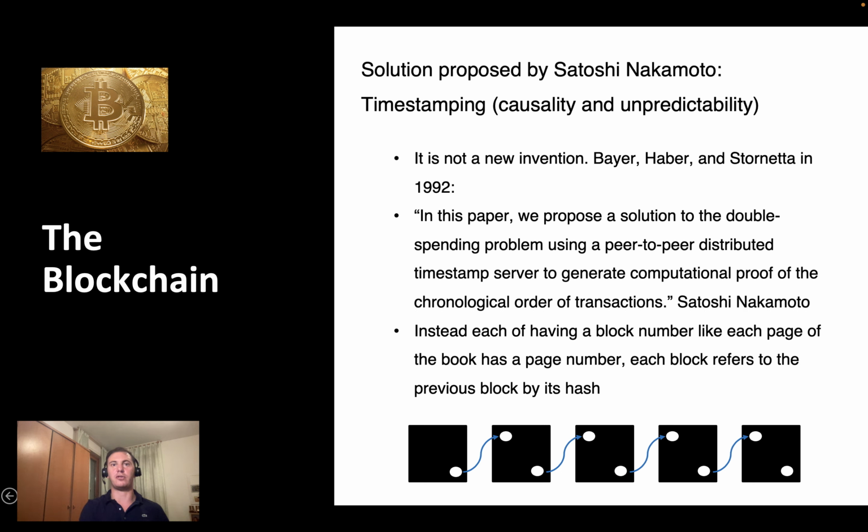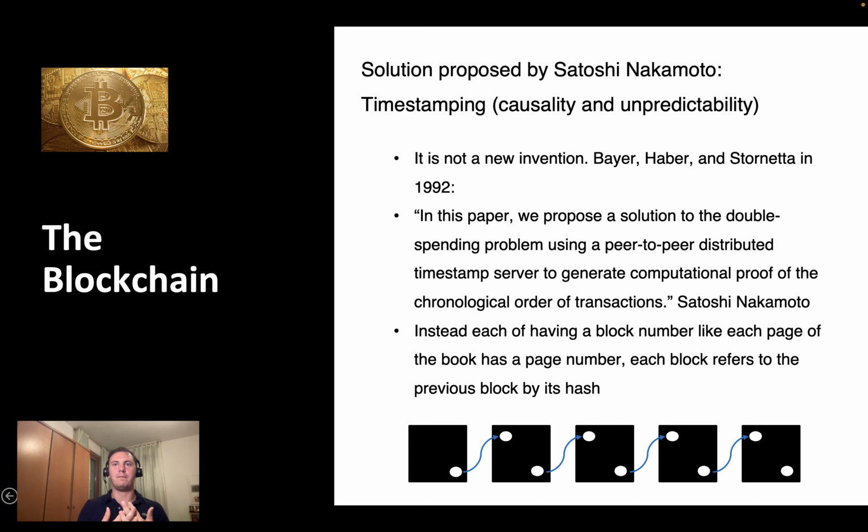This is what Satoshi said in 2008: in this paper, we propose a solution to the double spending problem using a peer-to-peer distributed timestamping server to generate computational proof of the chronological order of transactions. So he took proof of work from Adam Back, Hashcash, and he also took the timestamping from Bayer, Haber, and Stornetta.